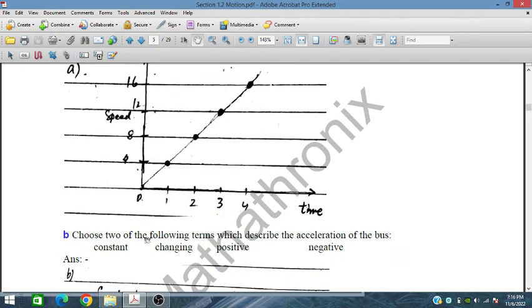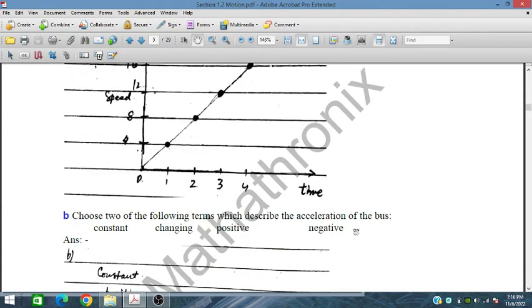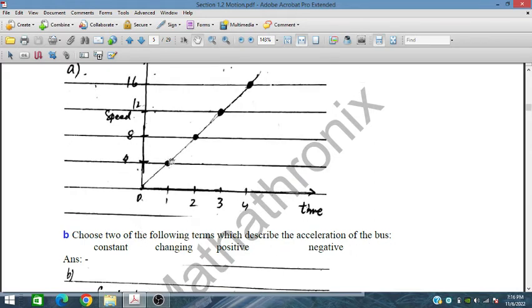Now choose two of the following terms which describe the acceleration of the bus. Acceleration is increasing, or constant.